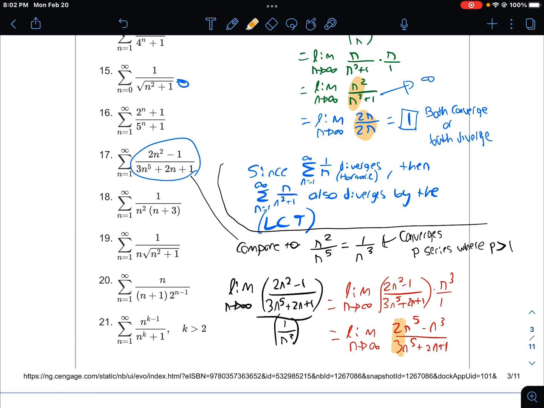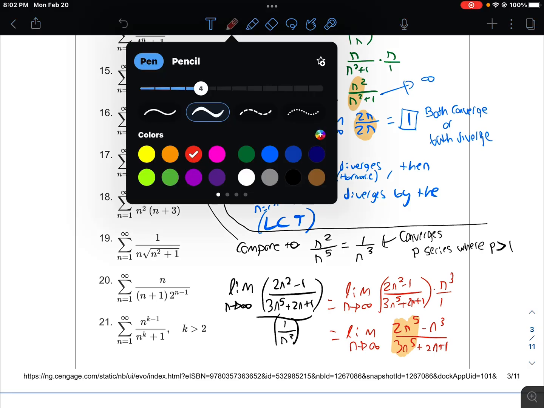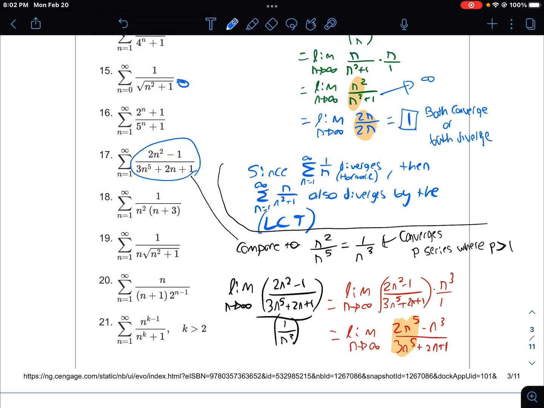So if we're looking at these, we have 2n to the fifths. If we go through and take the derivative another 3 times, the tops cancel, and we're just left with the coefficients, which in this case is going to approach 2/3. If you don't believe me, go through and apply L'Hopital's rule 3 times to cancel out this n cubed. And once you finally get there, you guys are going to see what it approaches. You're going to have to do it 3 or 4 times.